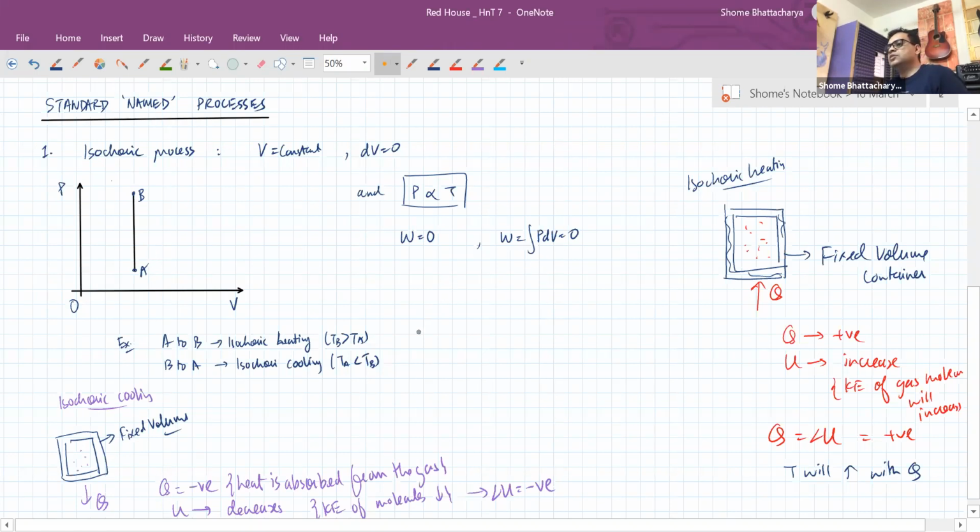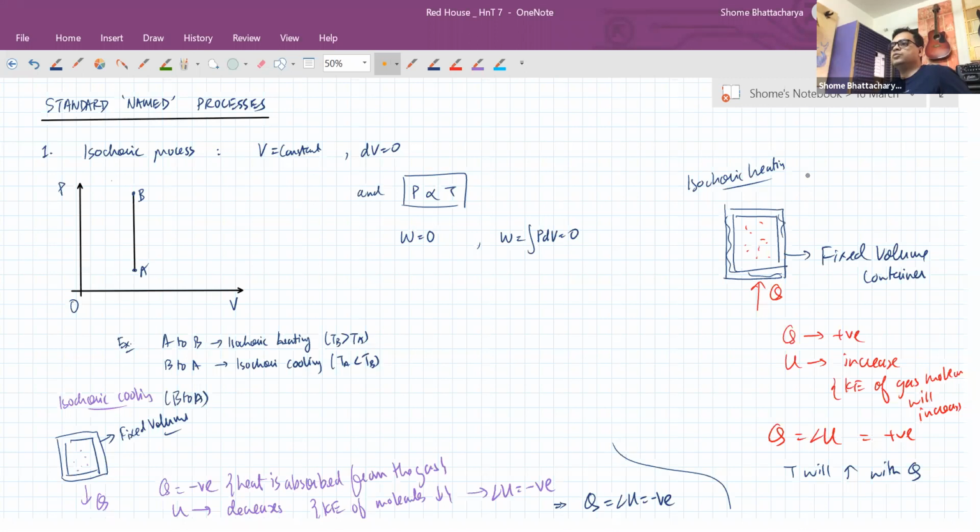Now because work done is zero, in this case Q will be equal to delta U, which will be a negative quantity. Okay. So these are the two types of situations. This example here would be B to A, whereas here, in terms of the graph, it would be A to B.